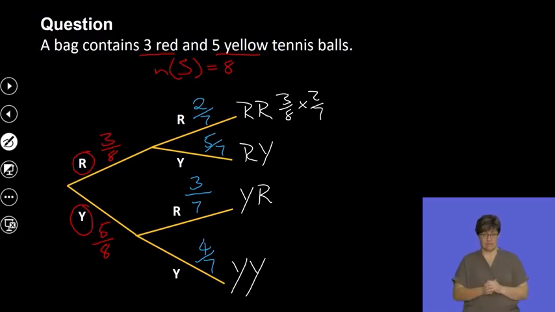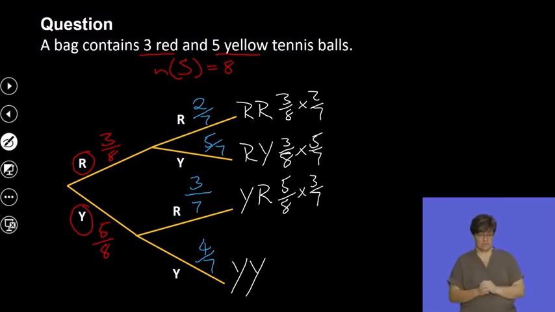This one is going to be 3 over 8 multiplied by 5 out of 7. This one is going to be 5 out of 8 multiplied by 3 out of 7. And this one is going to be 5 out of 8 multiplied by 4 out of 7.